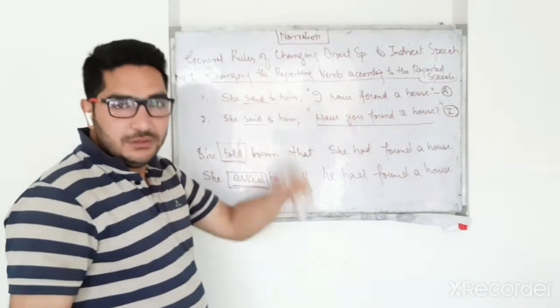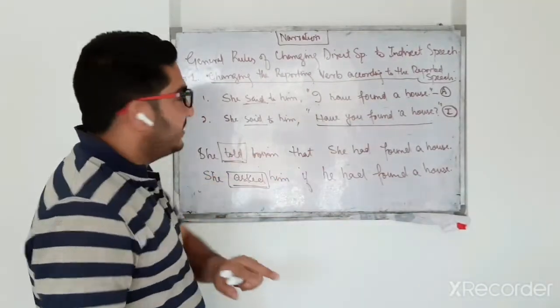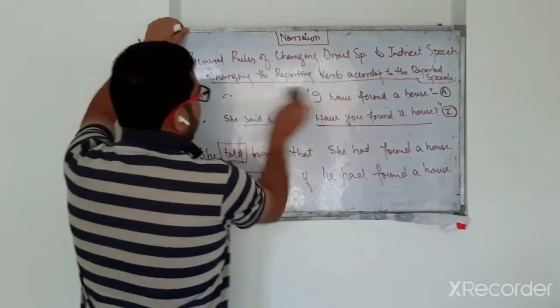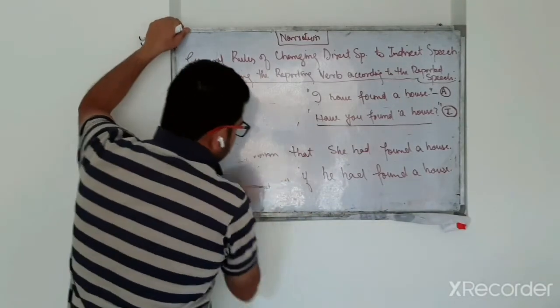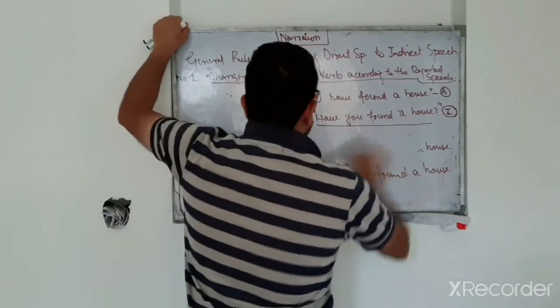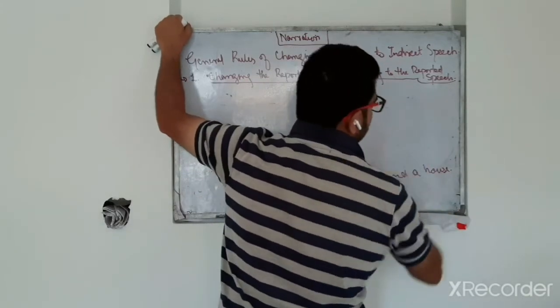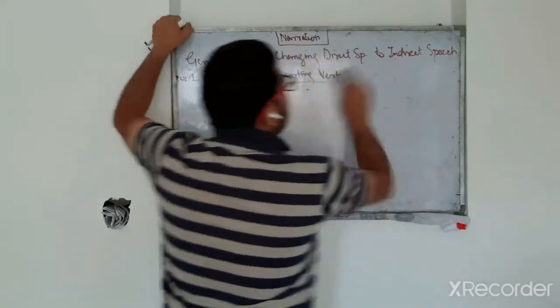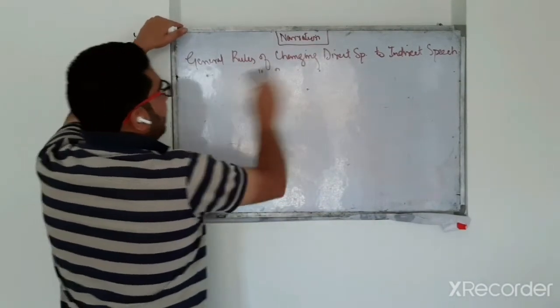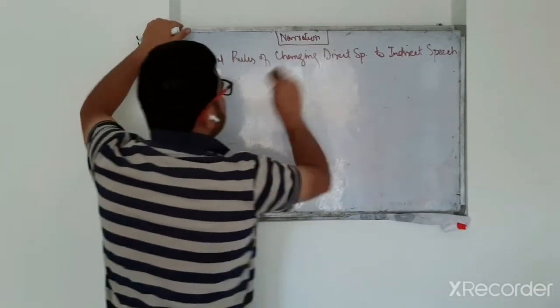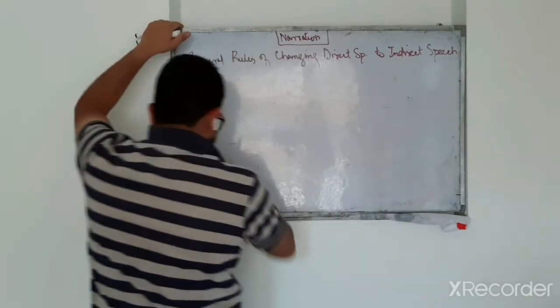That we will discuss later on, but this is just a reminder. So rule number 1 was changing the reporting verb according to the reported speech. So the reporting verb is changed according to the reported speech. This is rule number 1.